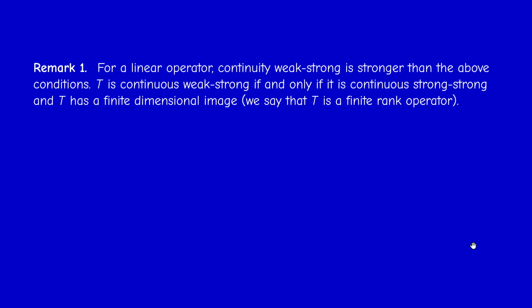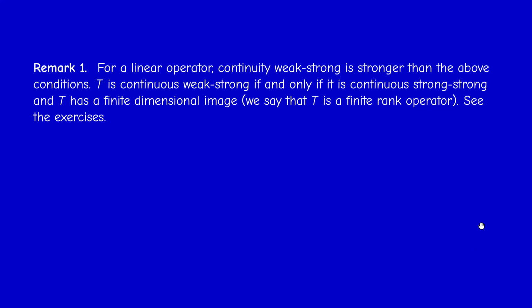If it's finite dimensional, we say that T is a finite rank operator. So weak-strong continuity is equivalent to continuity or boundedness, the usual property that you know, and to the fact that T has finite dimensional rank, image or range.